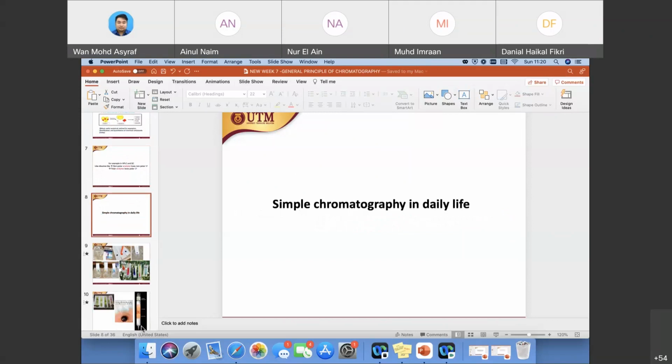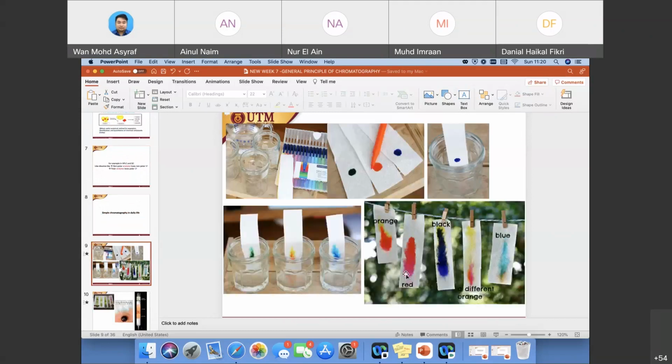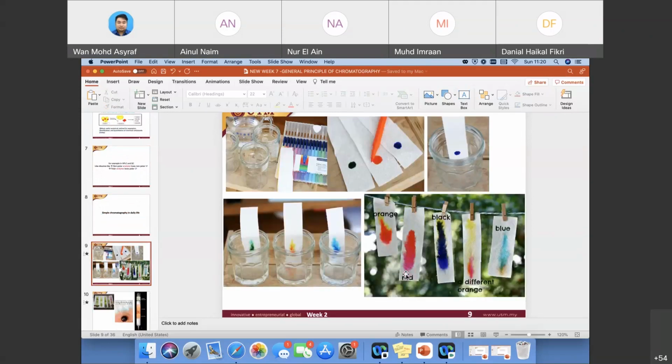Alright, so yeah, simple chromatography in life, so that's what I said. Okay, now maybe this is much better, this is clearer. So maybe if you are at home, you can just try this. You just take a marker or whatever, not crayon, a marker with ink.